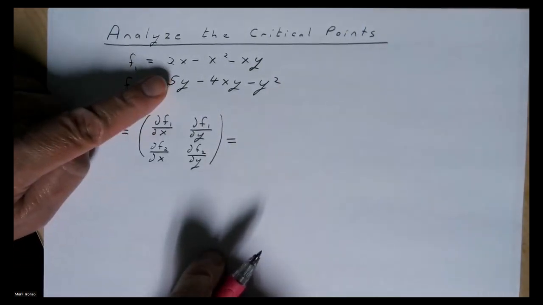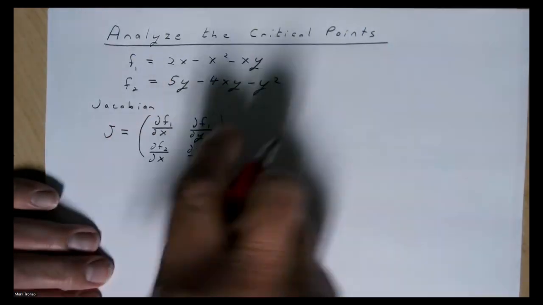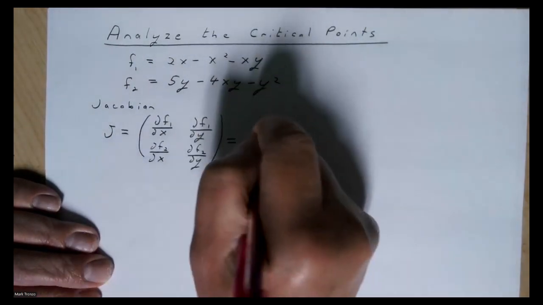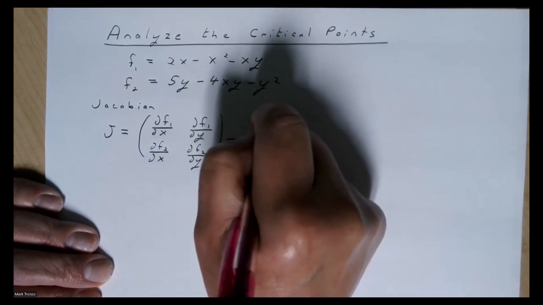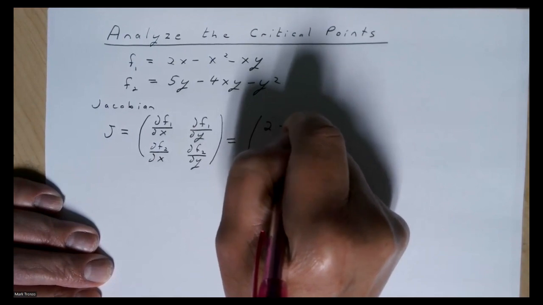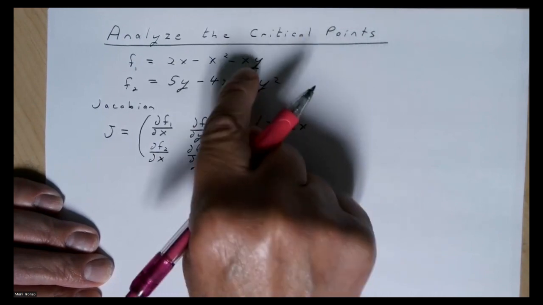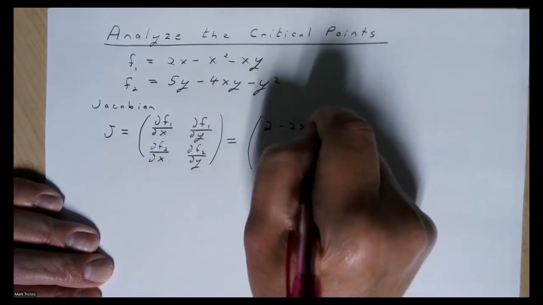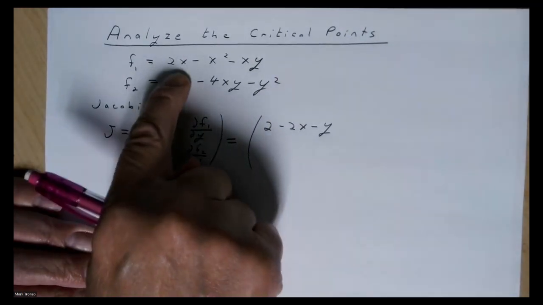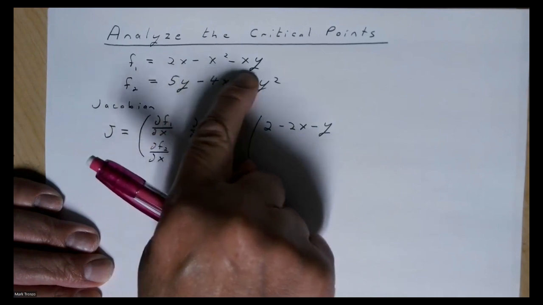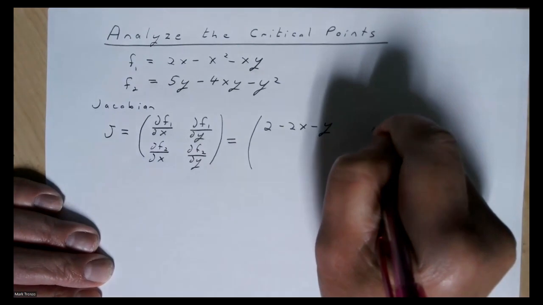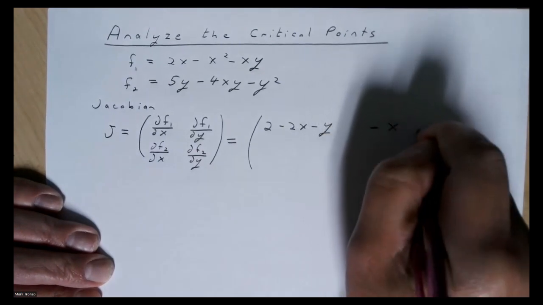So let's do that here. The derivative with respect to x up here is going to give us 2 minus 2x minus y. Then the derivative of this with respect to y is just going to give us negative x.